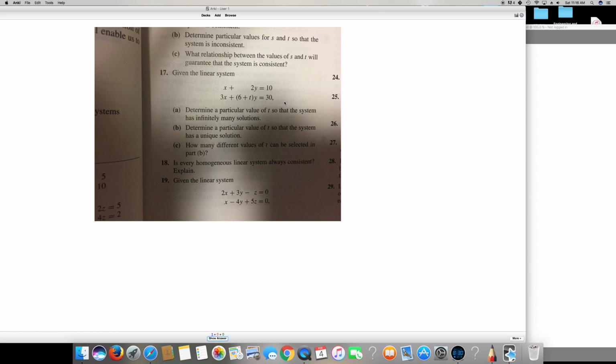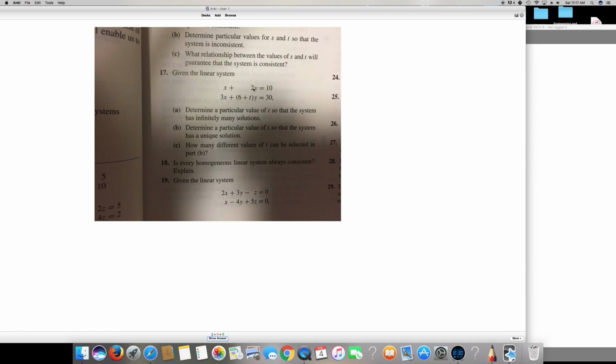Then only the system will have infinitely many solutions. So first is 3x, second one is 6 plus ty and third is 30. If you see, it's multiplied by 3, so in order to get infinitely many solutions, we have to multiply this one by 3 and this is already multiplied by 3.